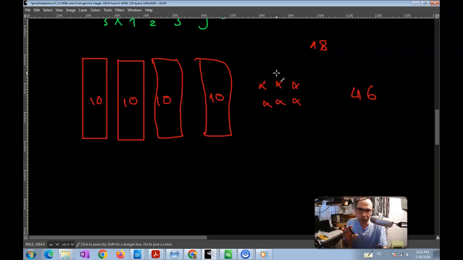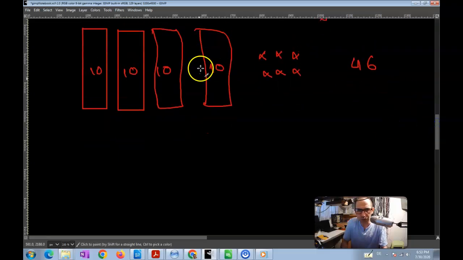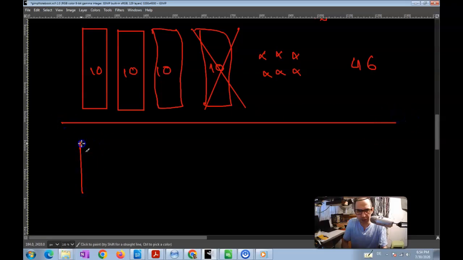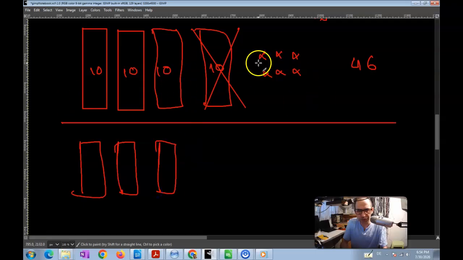So the only way that I can do this is that I'm going to cut one of these open. So then I have 3 groups of 10, and these 6 loose ones over here, and then I cut this open.